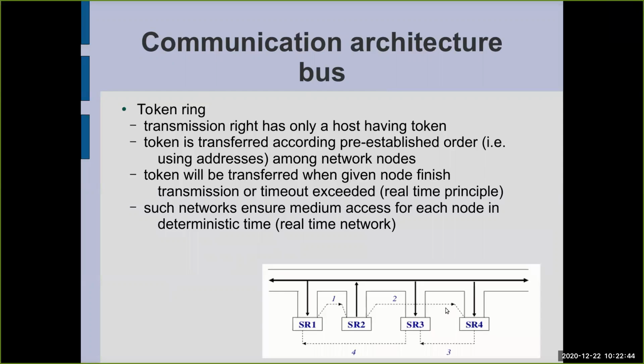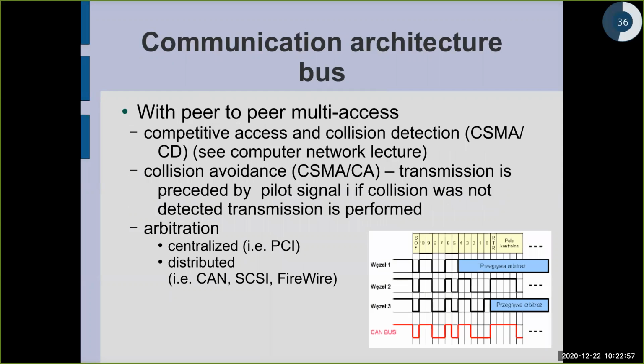So if more nodes start transferring data at the same time, there is interference of data, so we can't recover it. So there are several methods which help avoid something which is called collisions. So the situation when two nodes start to transfer data.